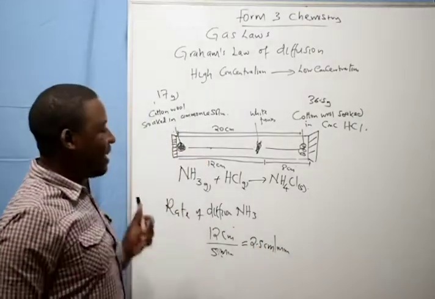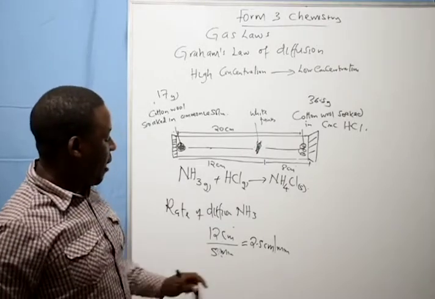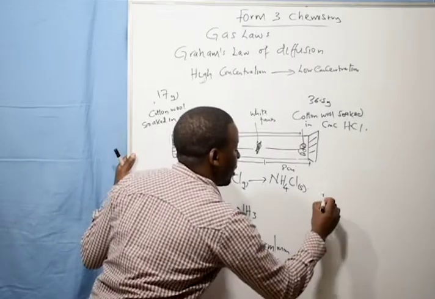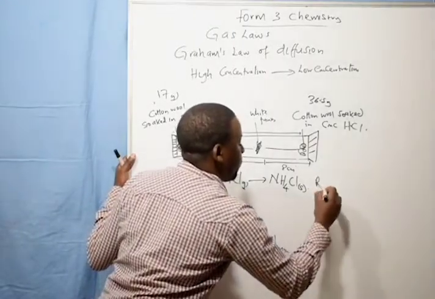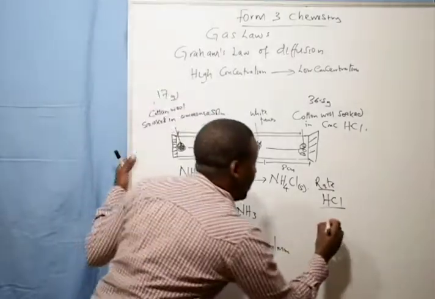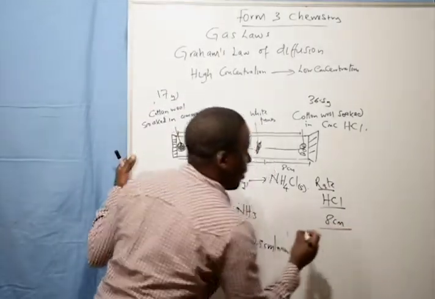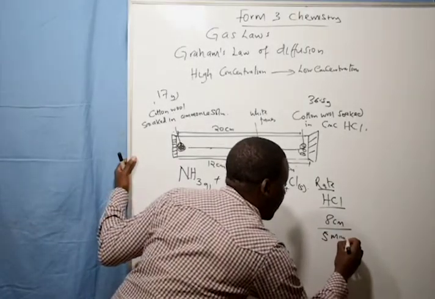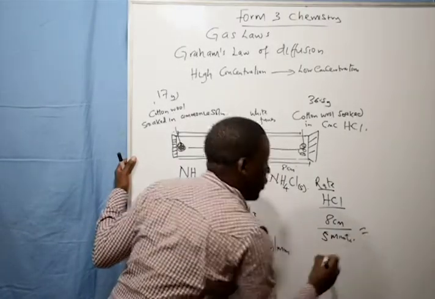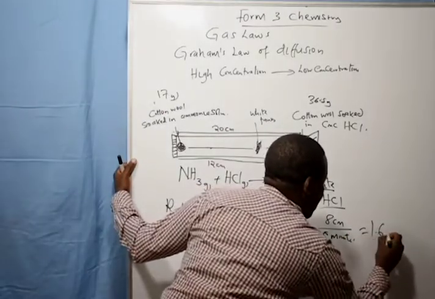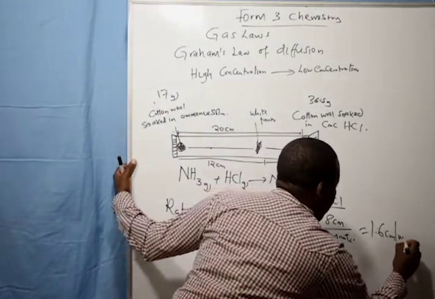Now look at the rate of diffusion of HCl gas. It diffused 8 centimeters within 5 minutes. Therefore, the rate of diffusion of hydrogen chloride gas is 1.6 centimeters per minute.